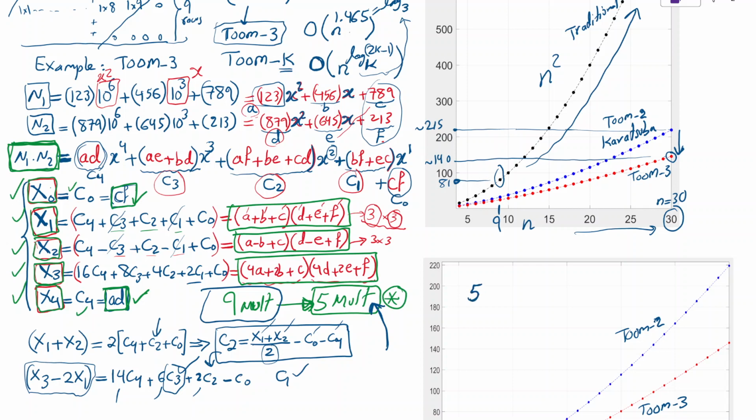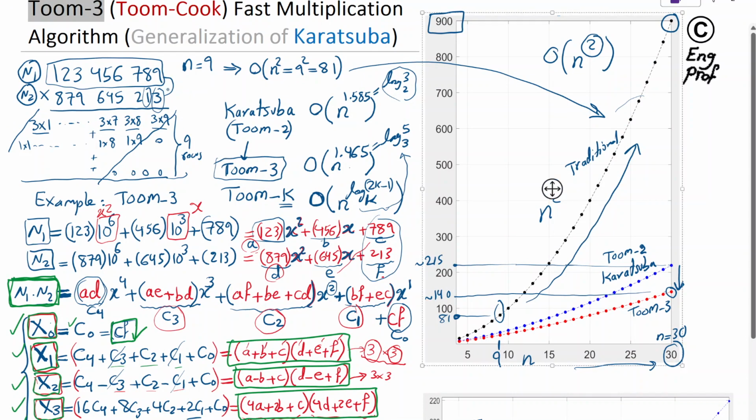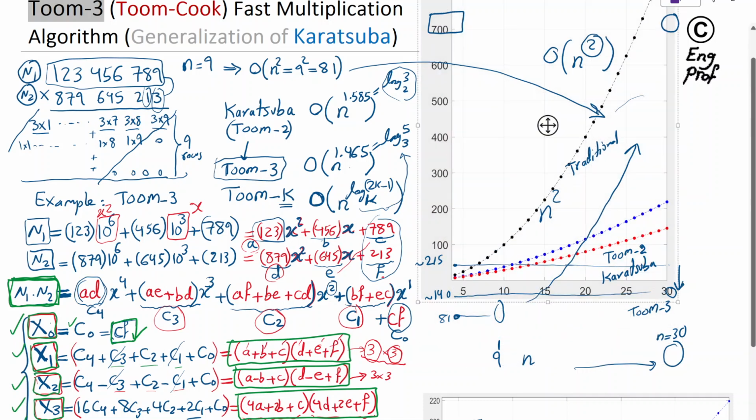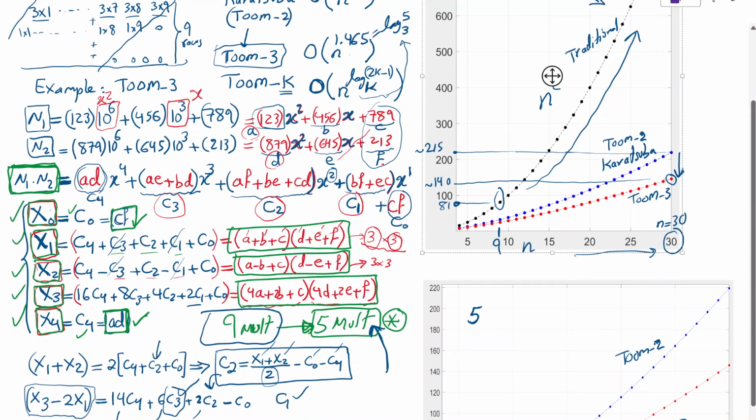And how many stages do we have? We divide 9 digits into 3 times 3-digit multiplications, then each 3-digit multiplication can be broken down into another 5 multiplications instead of 9.